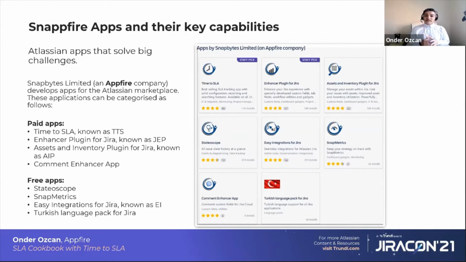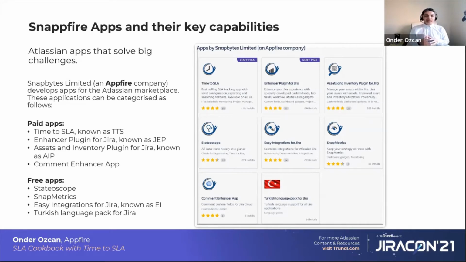For example, you can enrich your workflows and business processes. You can create custom fields, date fields, linked issues, etc. And also you can create gadgets and dashboards so that you can establish insightful reports for your business. You can create metrics and KPIs as well.